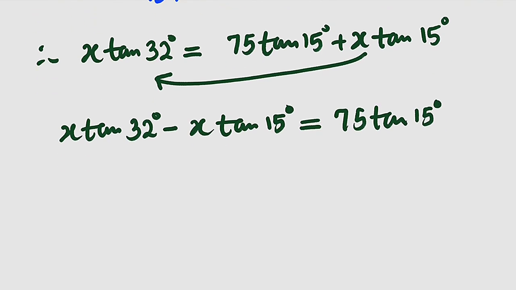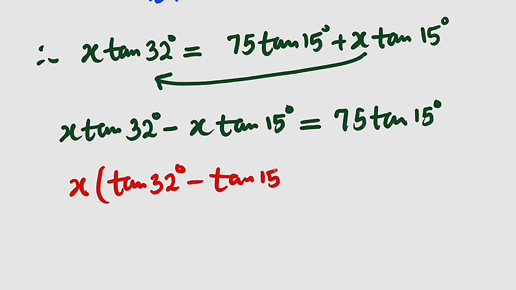Since we have x in common, we can factor x out. So this becomes x in the bracket tangent of 32 degrees minus tangent of 15 degrees. This is equal to 75 times tangent of 15 degrees.